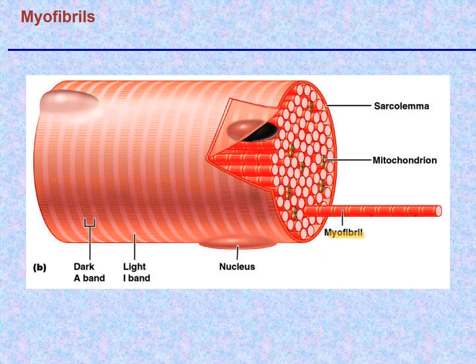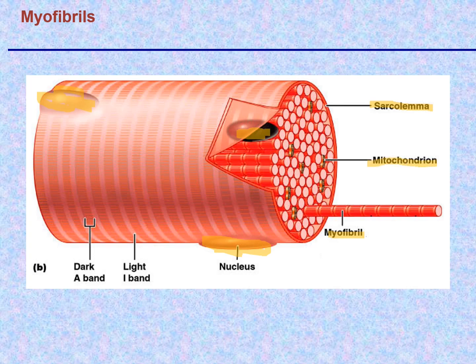The nuclei, remember, skeletal muscle fibers are multinucleated. They're formed by the fusion of many cells during embryonic development. And the nuclei are all pushed to the outer edge, so they're just beneath the skeletal muscle fiber cell membrane, which is called the sarcolemma.